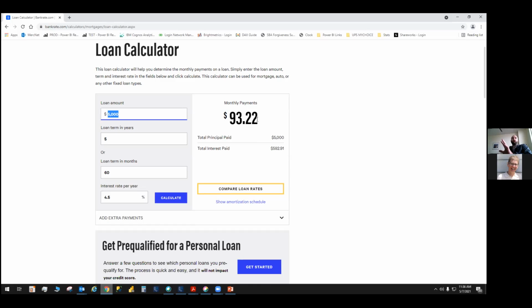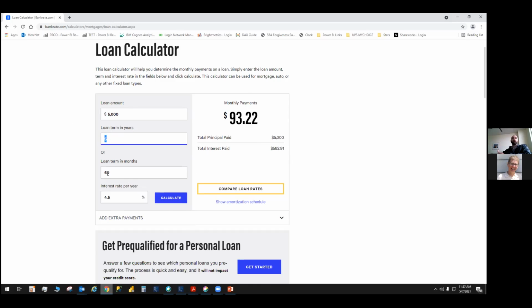The way that this works is we fill in these boxes on the left, and then our output, our calculations, come out here on the right. So in my example of, say, a brand new MacBook Pro, I'm going to say I'm going to spend $5,000 on that, and the loan term is the amount of time that you're going to be making payments on that.